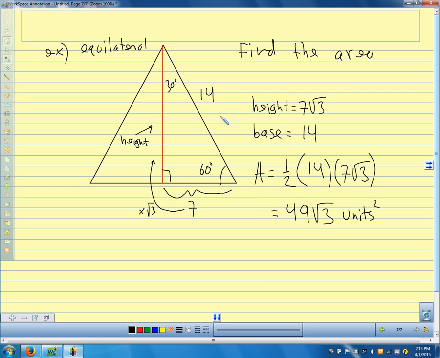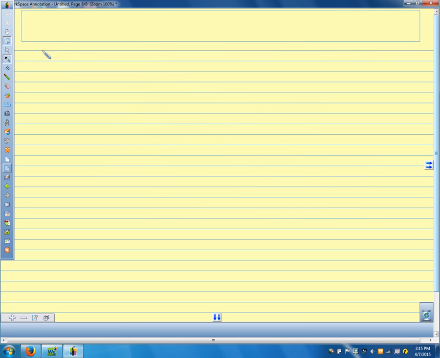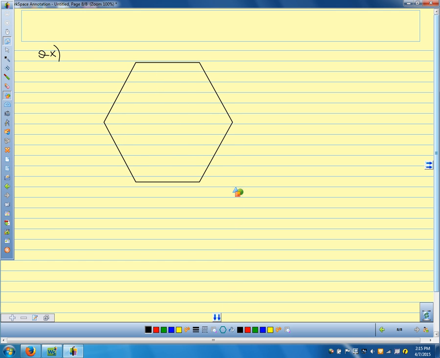Questions on that problem? All right, let's look at a couple of hexagons. Here is our regular hexagon, and this is 10 inches, and we want to find the area.